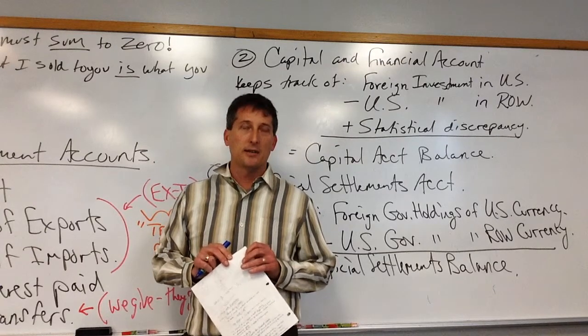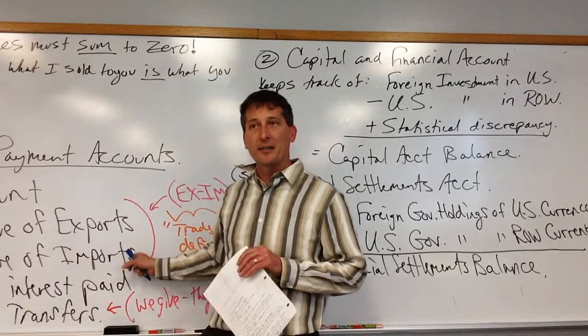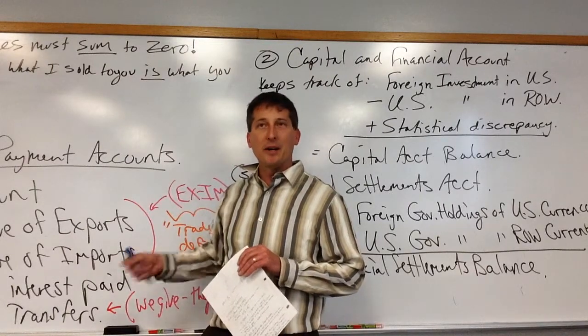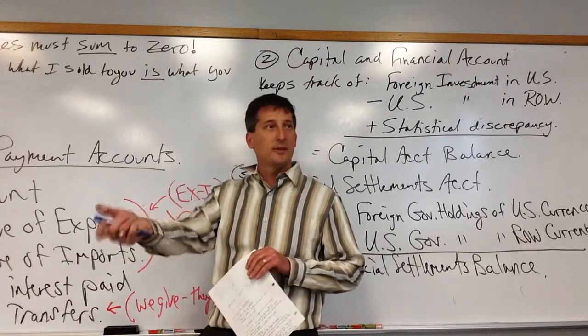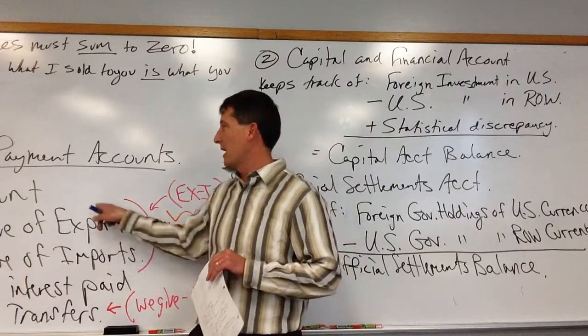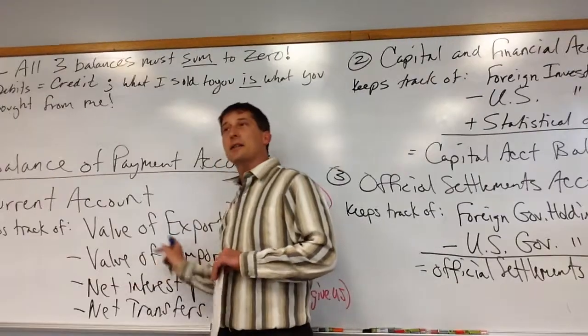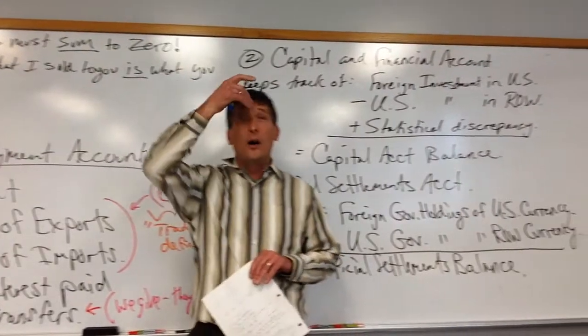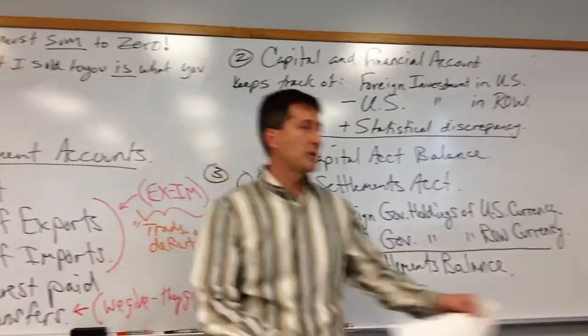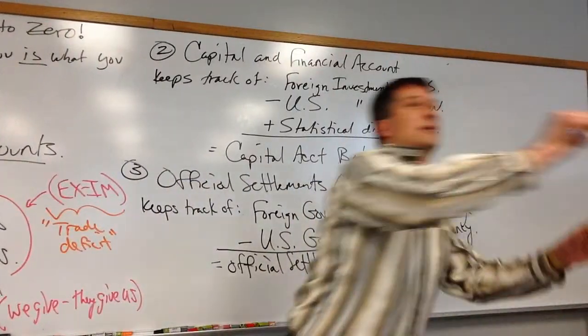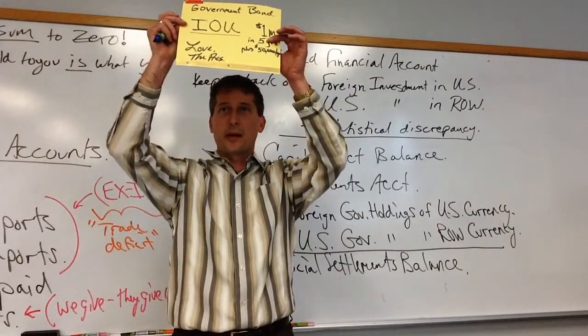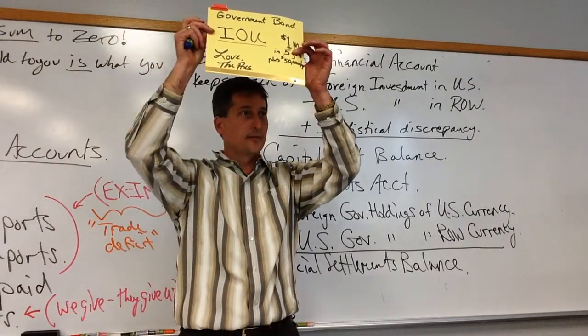We owe them, right? So we bought more. This is like going on credit, right? You don't have the money, but oh, I'll just use this plastic thing. Zip, there you go. So you haven't given up as much as you got, and so you owe them money. Now, how that works is that we just give them a piece of paper instead, right?